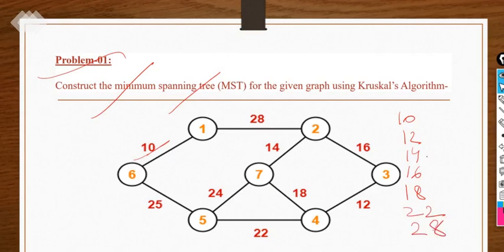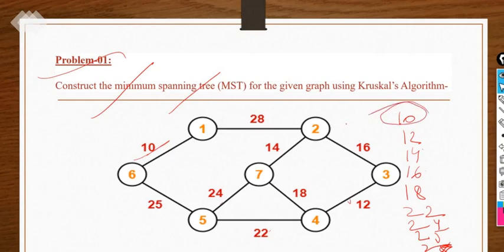I hope all are covered. Something is left over here: 24 and 25 are missing. So 24, 25 and 28. These are all the edges in ascending order.